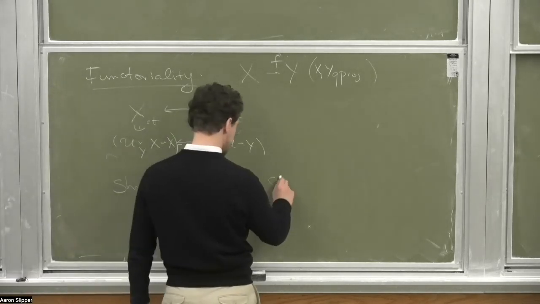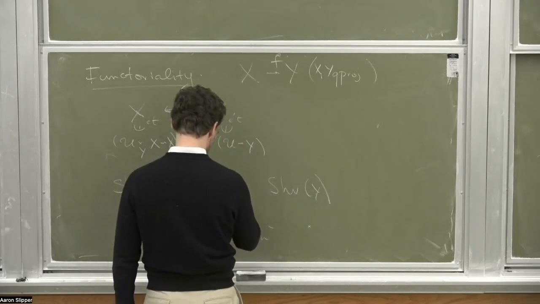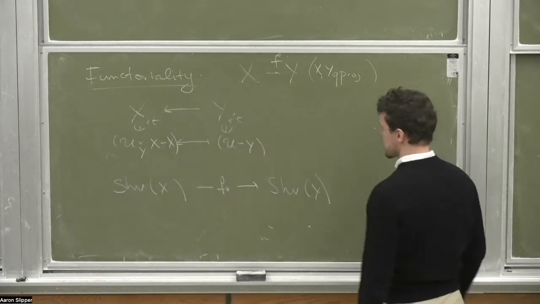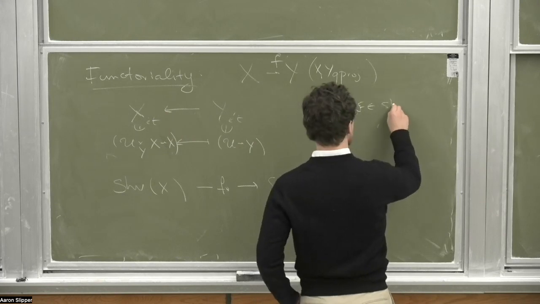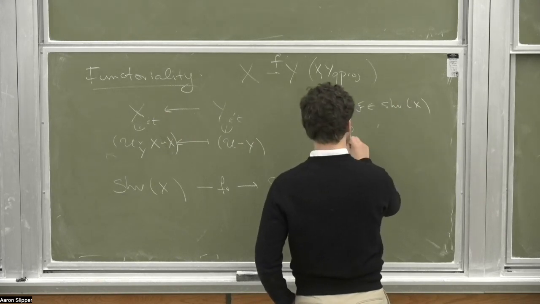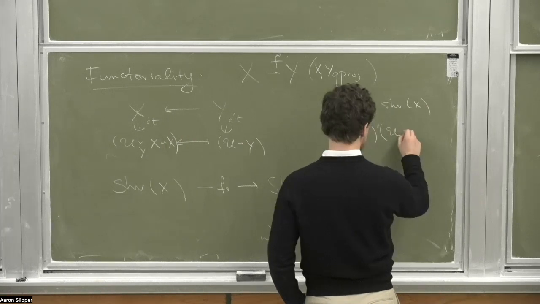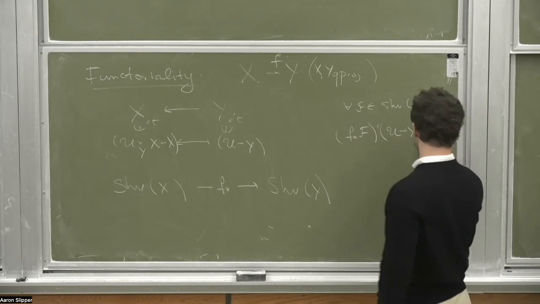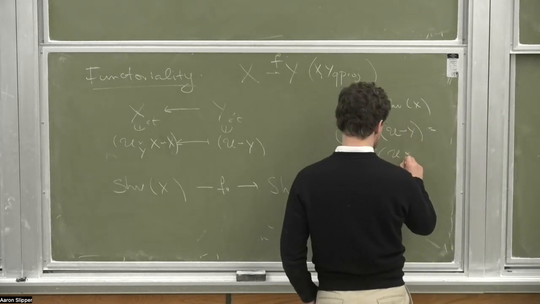Sheaves on X, sheaves on Y. So first I have the functor f lower star, direct image, but the way you compute the direct image is that for any sheaf on X, I'm going to construct a sheaf on Y, right? So its value on the object of the entire site is going to be the same as the value of the sheaf on the fiber product.